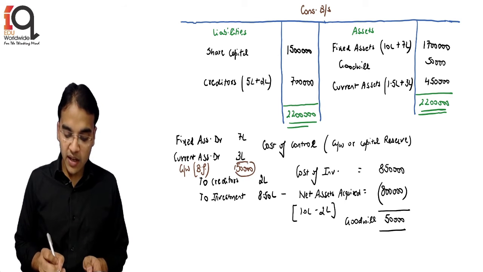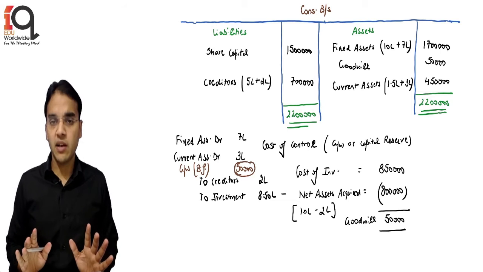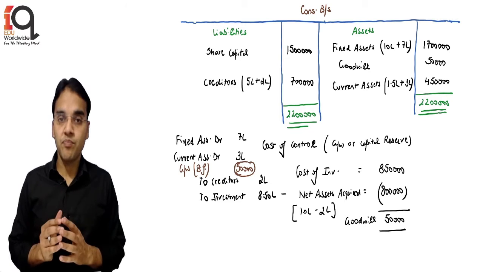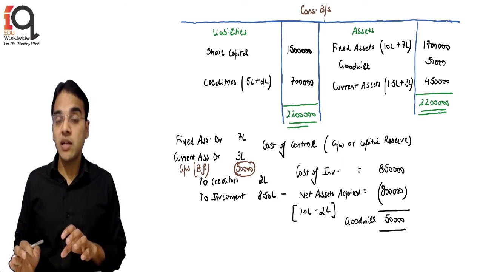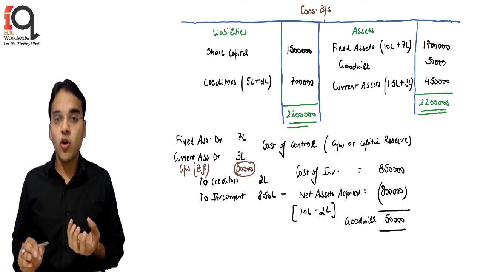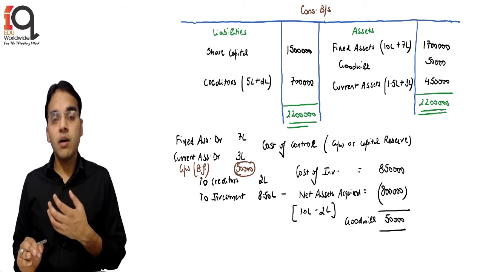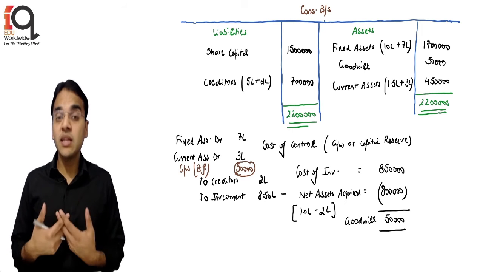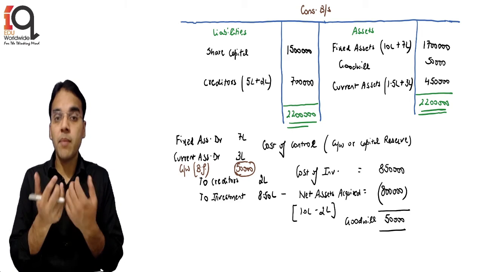So this is the entry which is passed while making the consolidated statement. We need not pass the entry in our questions, but I'm explaining what is happening here. While making the consolidated balance sheet, we are cancelling the investment against the share capital, thereby replacing it with the net assets. We are combining the same.